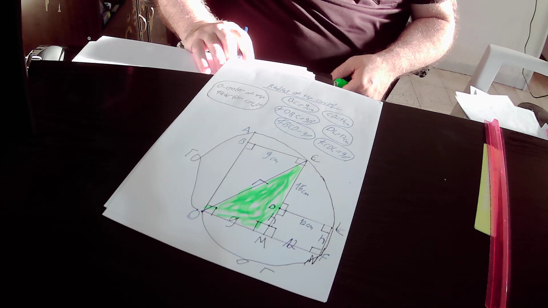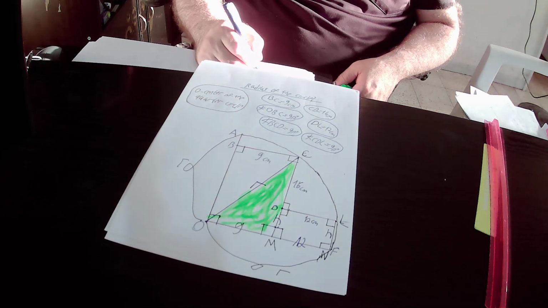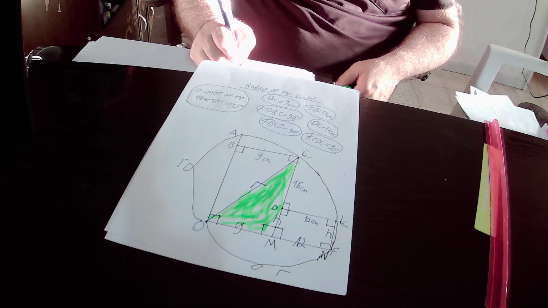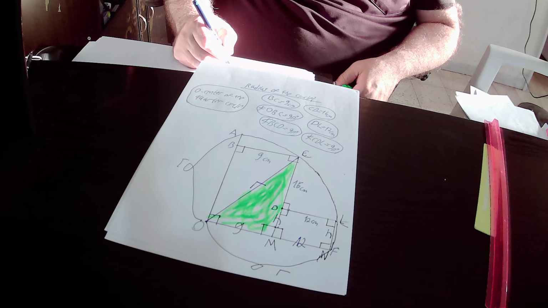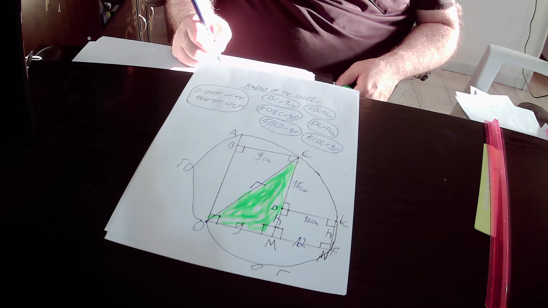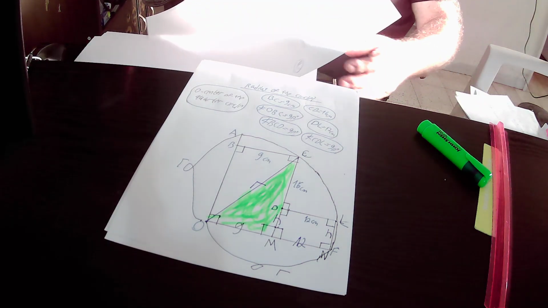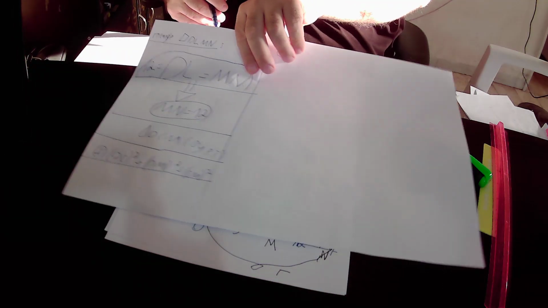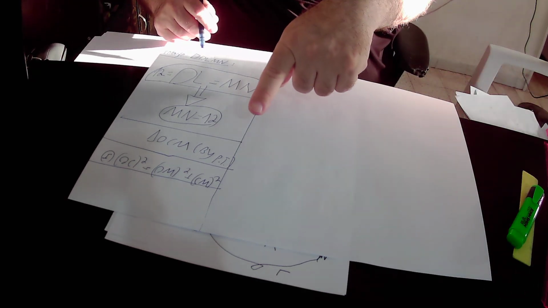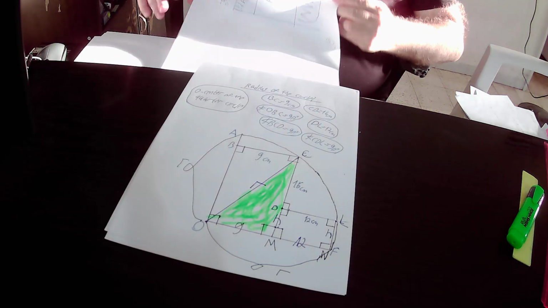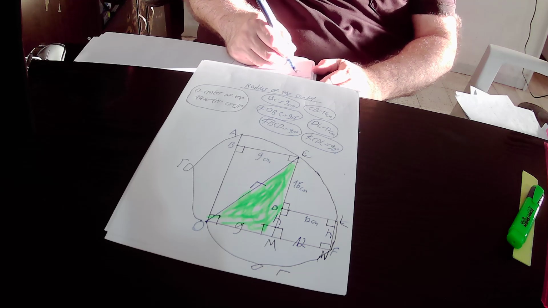That is to say, it must be equal to OM square plus CM square. Repeat again, in the right triangle OCM, according to the Pythagoras theorem, OC square must be equal to OM square plus CM square. So here OC is R, therefore OC square is R square.